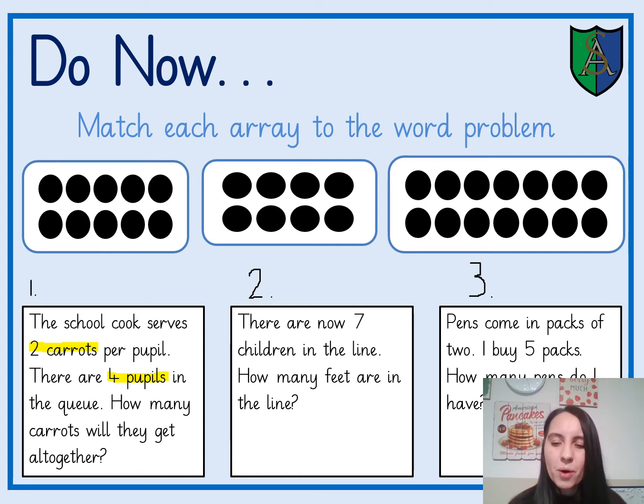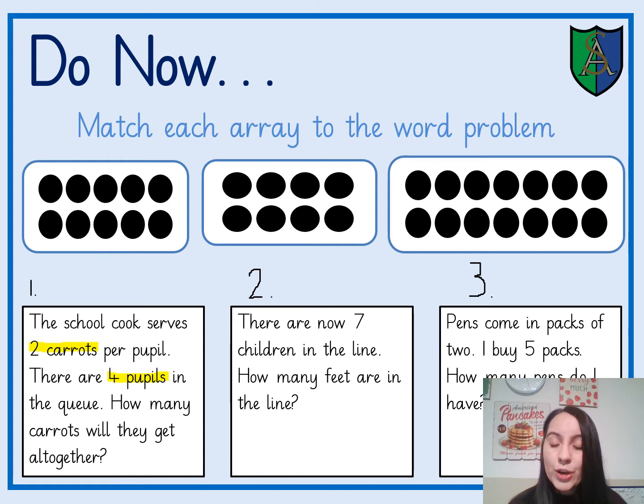Let's have a look at the second one. In the second one, we've got 2 rows again. Looking good so far. And we now need to count to see how many are on the row. 1, 2, 3, 4. There are 4. That means that this is the correct array.